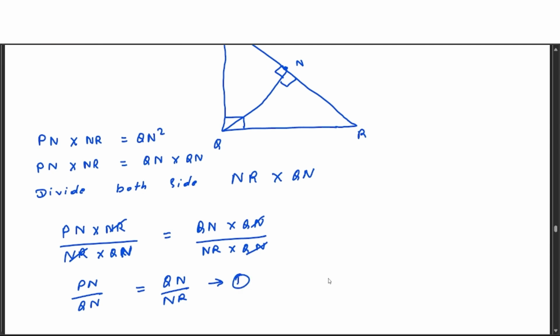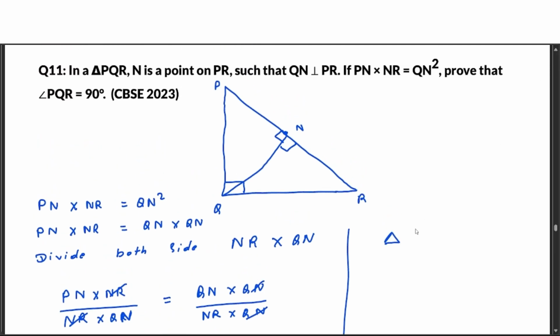Now same way you can take these two triangles. So you can say triangle QNP, and triangle RNQ.